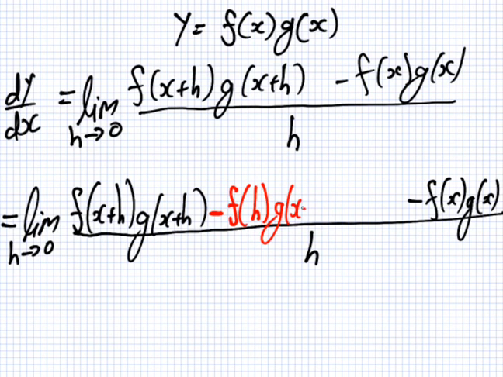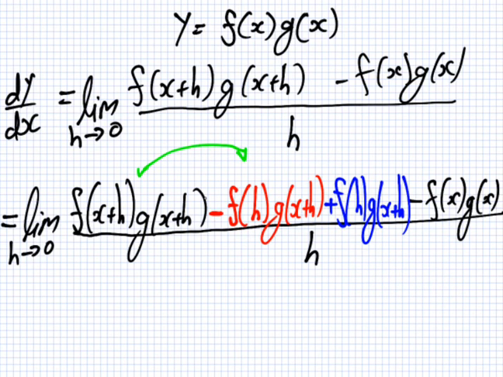The definition is f(x+h)g(x+h) minus f(x)g(x), all over what? Yeah. This is the definition. Let's see if we can simplify this. You'll need to write this down. And the limit as h goes to 0.